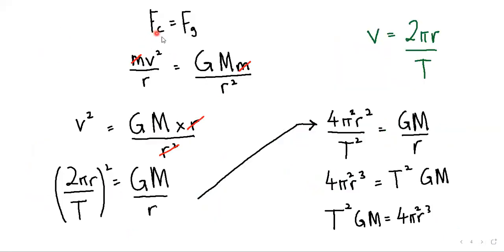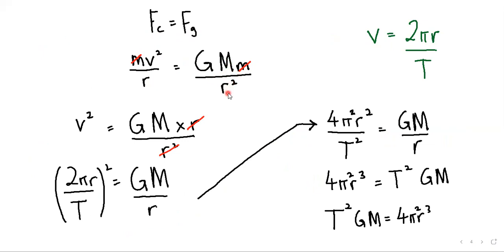When the centripetal force is equal to the gravitational force, we make the equations equal. As we take out the mass of the earth, we are left with v squared over r equals G times the mass of the sun over r squared.